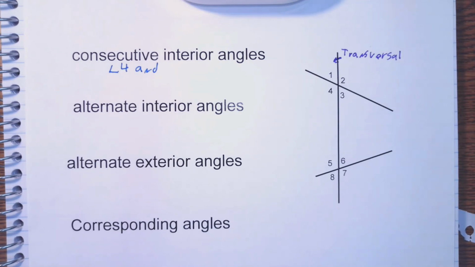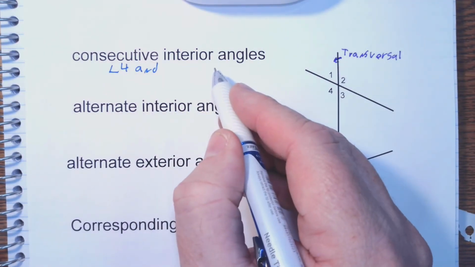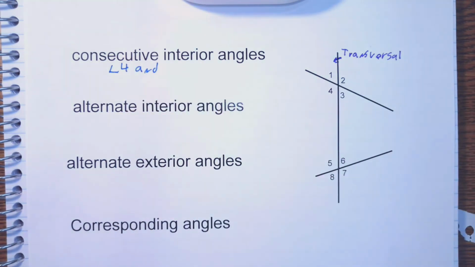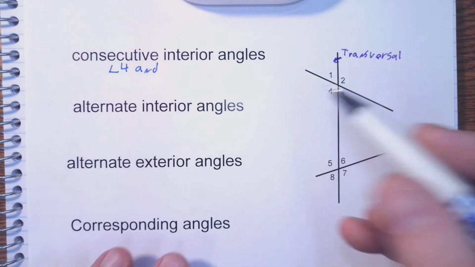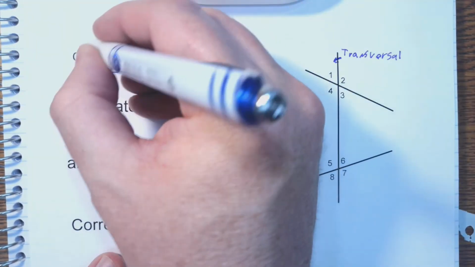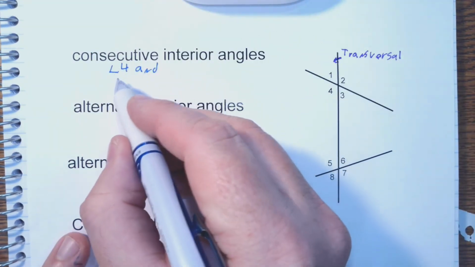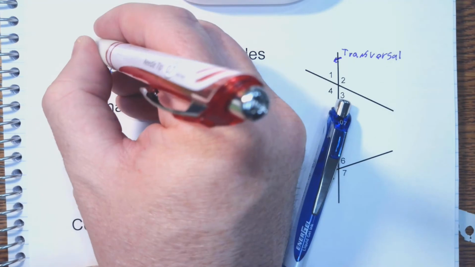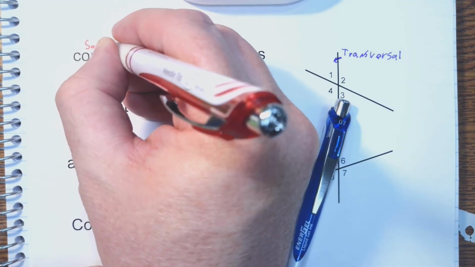Okay, consecutive interior angles. We know what an interior angle is, so consecutive. Basically what consecutive means is when they're on the same side. So just think about consecutive means same side.